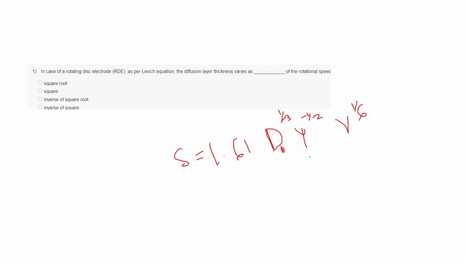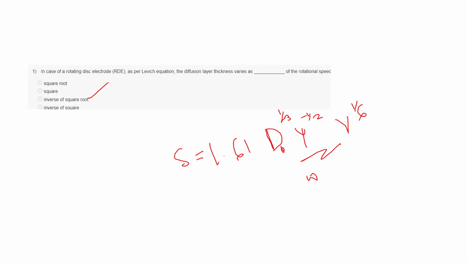You can represent this by omega, but I've represented it with the psi symbol. This is the rotational speed, and so it is inversely proportional to the square root. So option C is the answer. I hope that is clear.